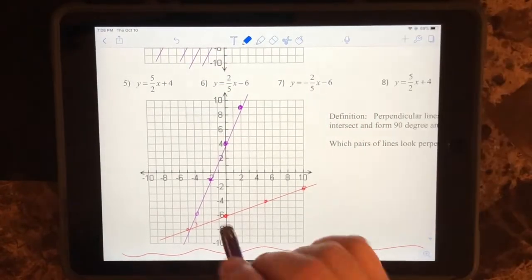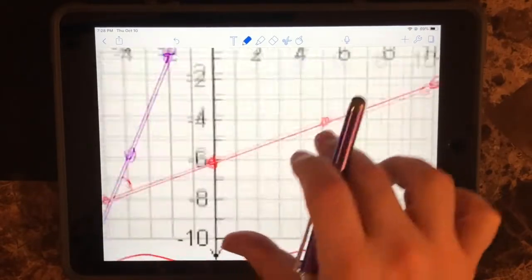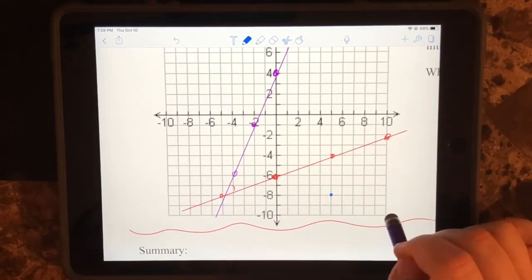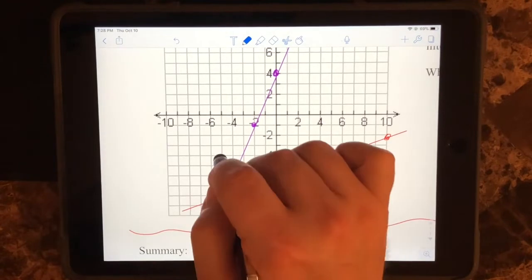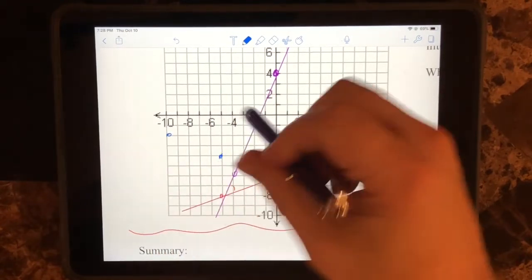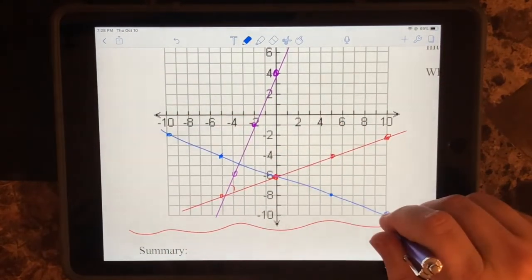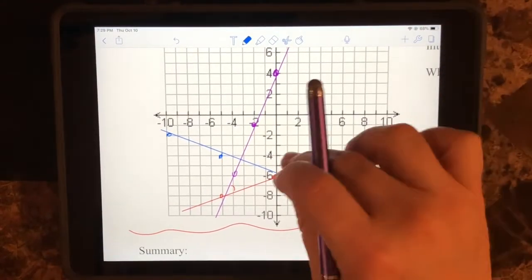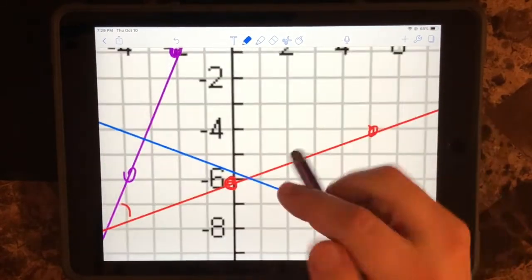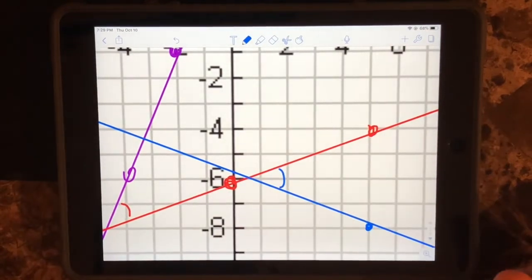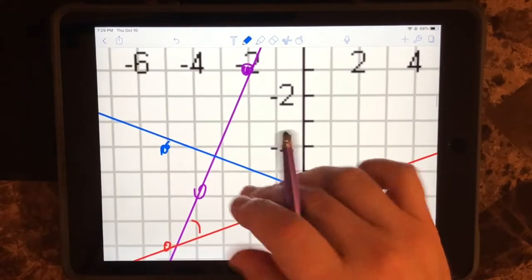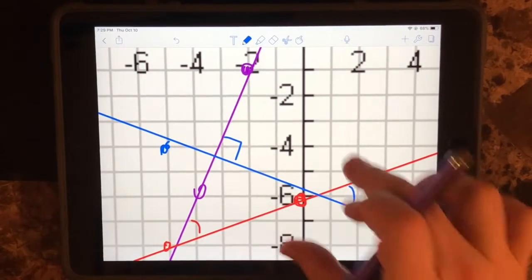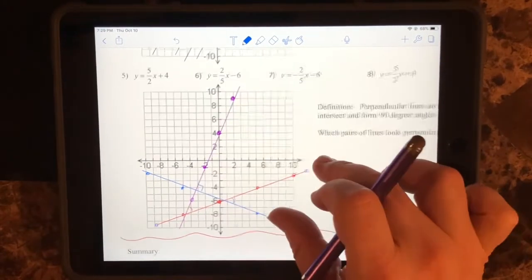So if I graph -6 and then down 5, right 5, up 5, left 5, if I connect those, have we found perpendicular lines yet? Well, the red and the blue one do not look like a 90-degree angle to me, but the purple one and the blue one, I would say, are perpendicular. They make a right angle.